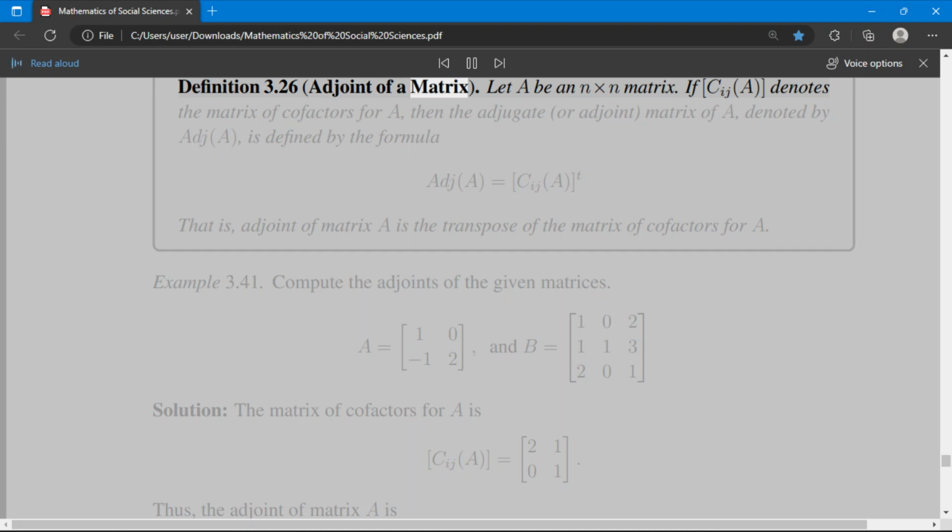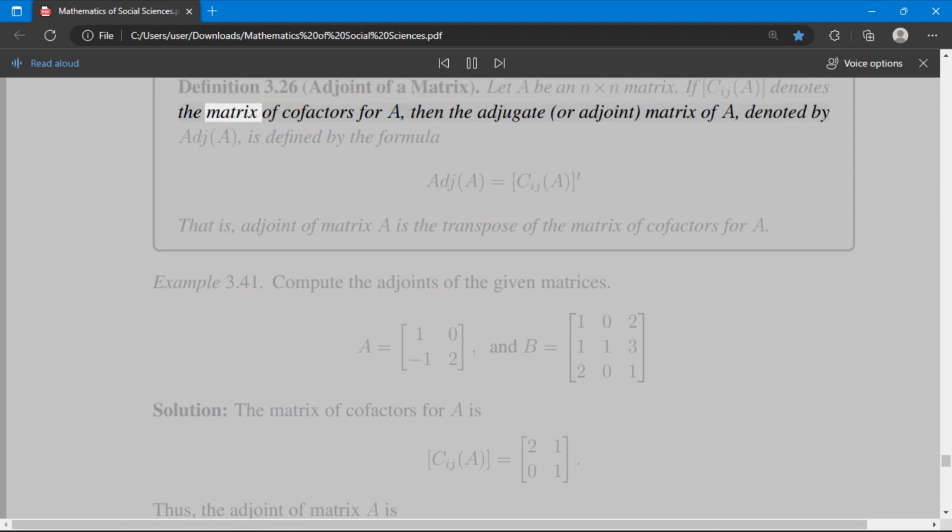Definition 3.26. Adjoint of a matrix. Let A be an n times n matrix.